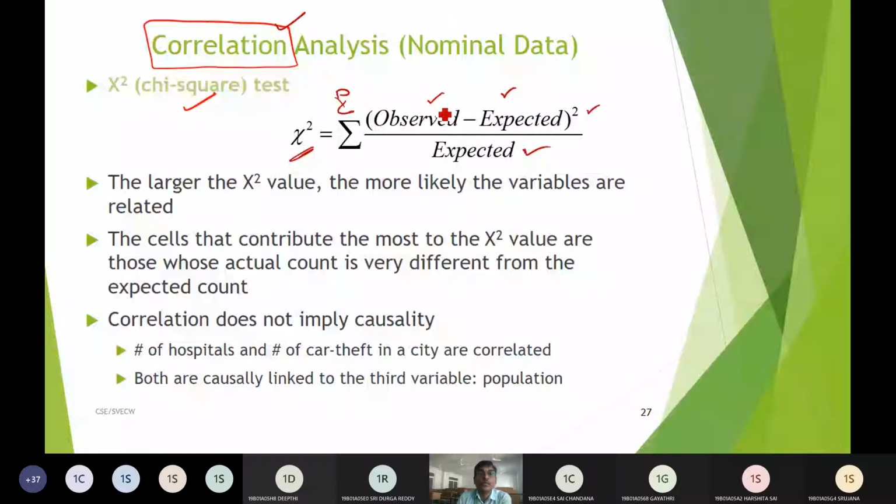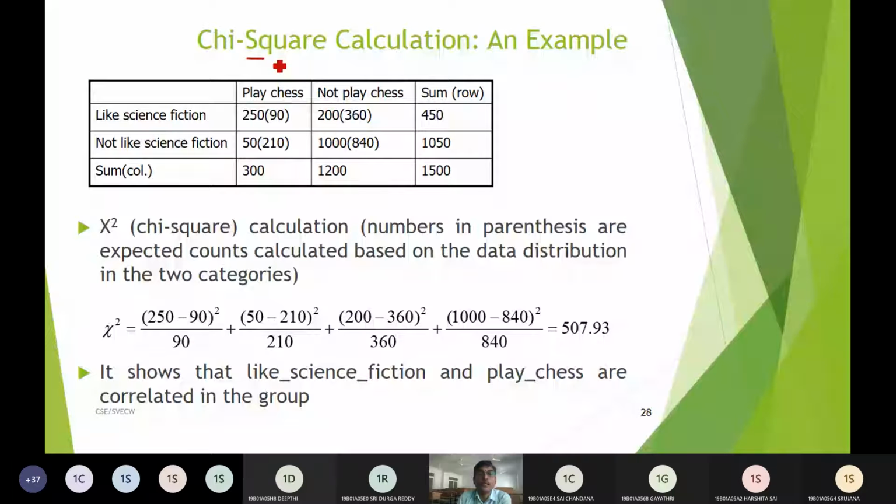Then you can see 360 and 840, so it is going to get 1200. This is the sum of the students who are not playing any chess. Then 90 plus 360, we will be getting 450 here.